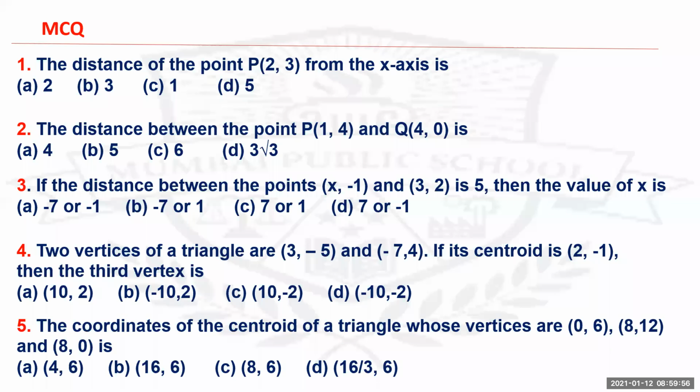The coordinates of the centroid of the triangle whose vertices are (0, 6), (8, 12) and (8, 0) is: (4, 6), (16, 6), (8, 6), (16 upon 3, 6).